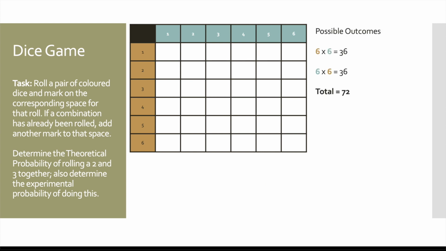For possible outcomes, for every gold one, there are 6 possible outcomes. If you were to make a tree diagram, like we did in last week's video with the flipping of the coins, that would be 6 possibilities for each gold. Now we have to keep in mind that there are also 6 unique outcomes if we start with blue. A 1 blue to 1 gold is different than a 1 gold to 1 blue.